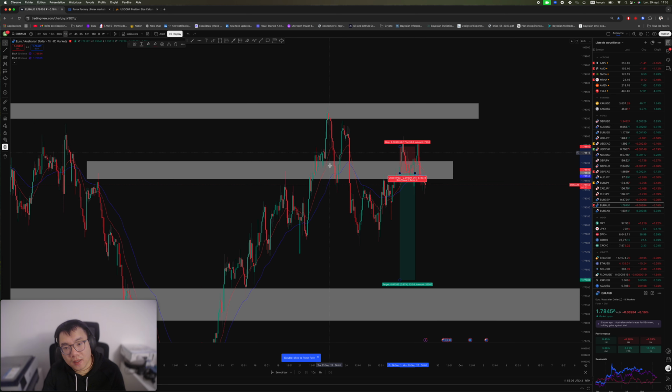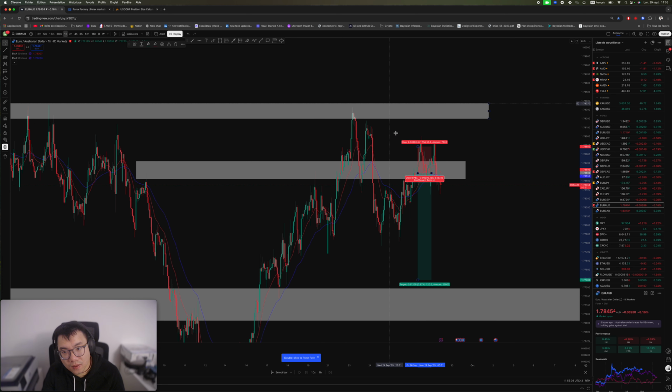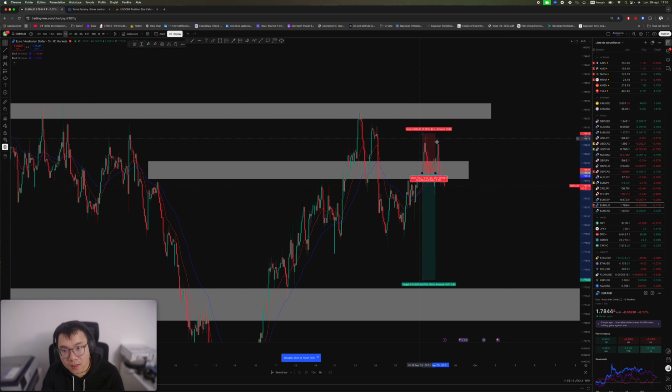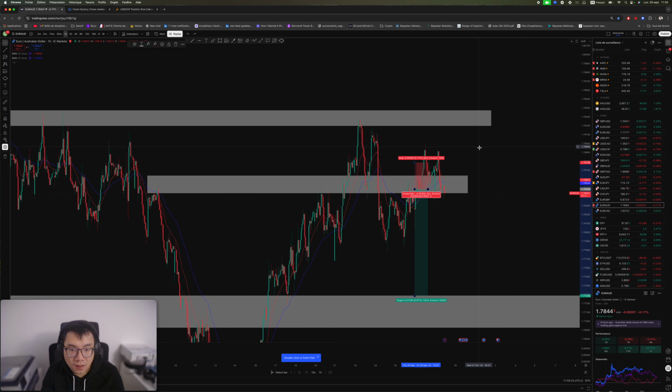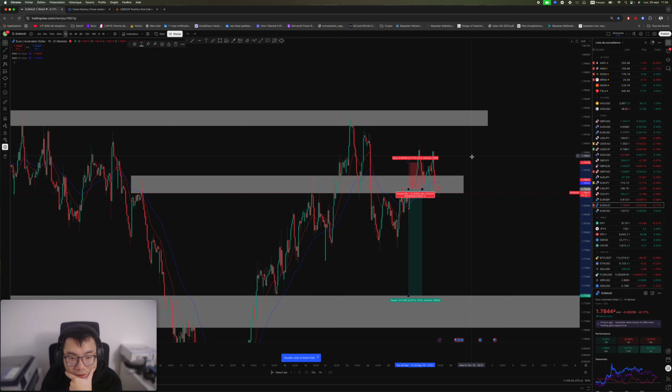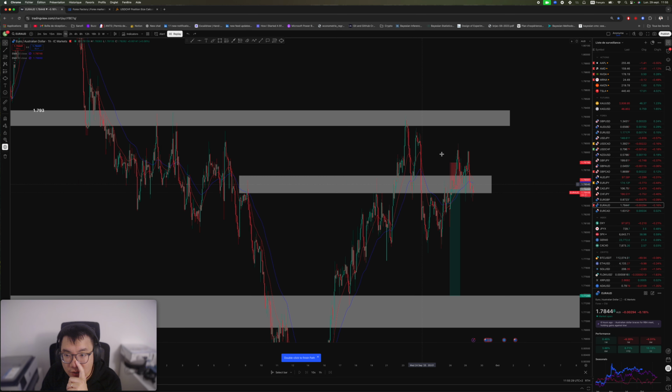But even then, I need to put my stop loss way above, and there's no level that supports this stop loss placement. So I think it would still be a loss for me. It's just unfortunate.